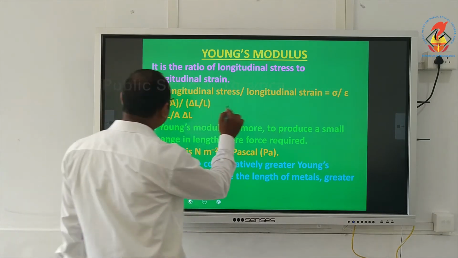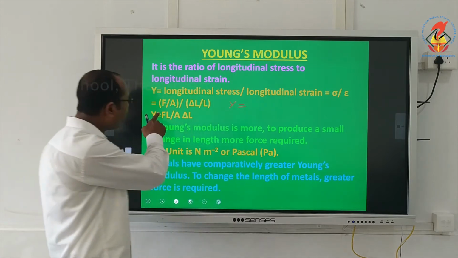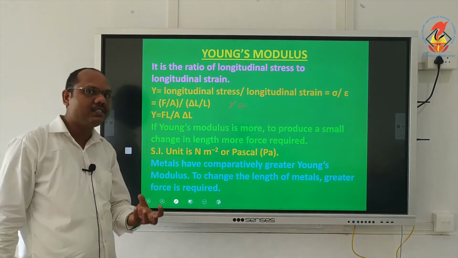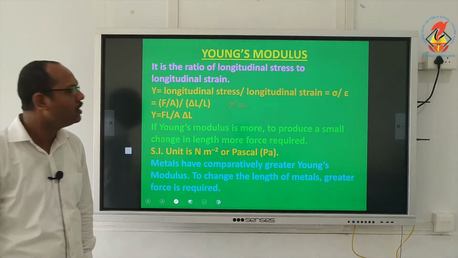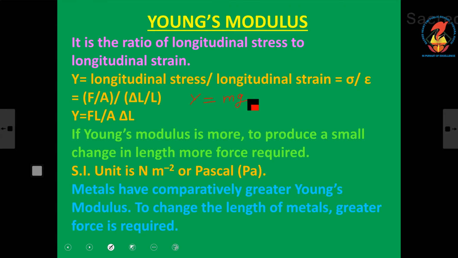Therefore I can write Y is equal to F into L, right? This F is the weight of the mass hung at that time. So I will be putting mg into L by area.